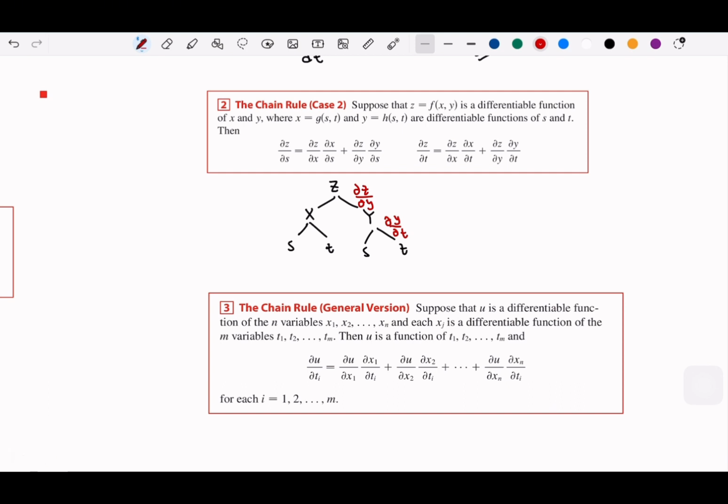Okay, let me give you more examples to give you familiarity with this chain rule.